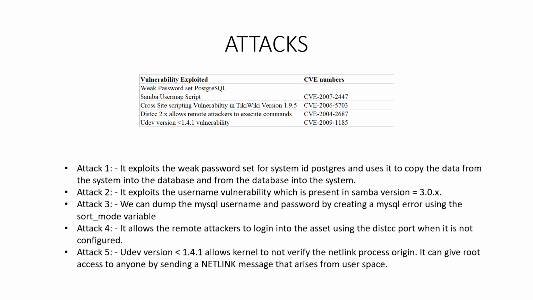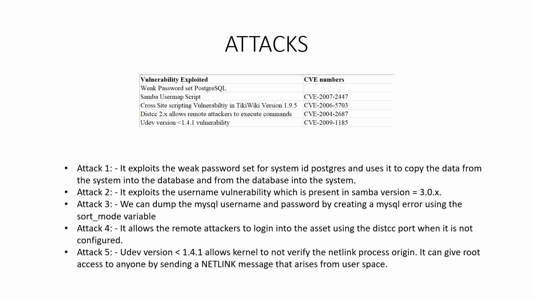The fourth attack is the distcc service vulnerability, where if distcc is not configured properly, it will leave the port open on which it is running and using which the attacker can log in and deploy some other payloads on the machine.